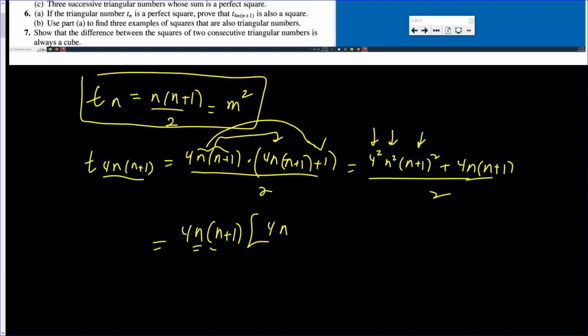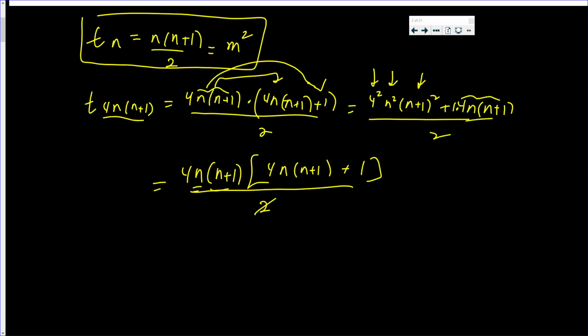You factored out n plus 1, so you have another factor of n plus 1, plus 1, all over 2. First thing I'll observe is 4 goes into 2, and 2 goes into 4 two times.